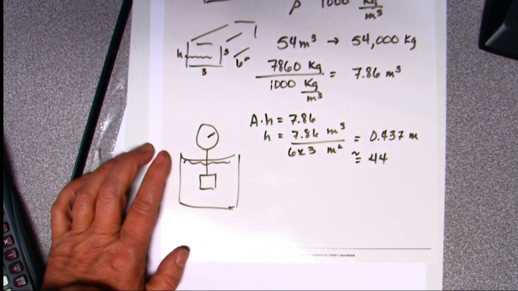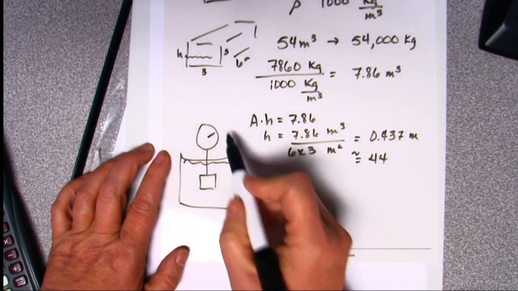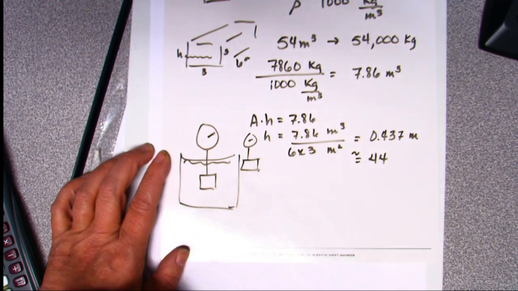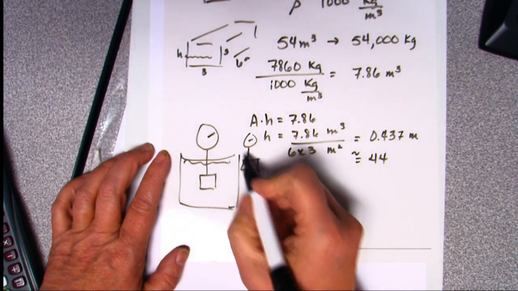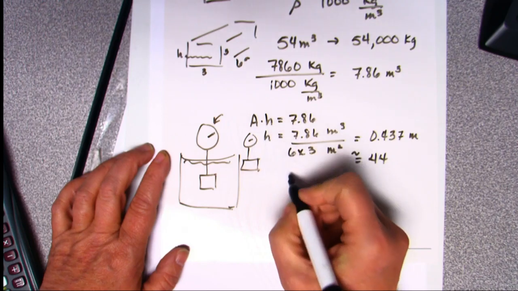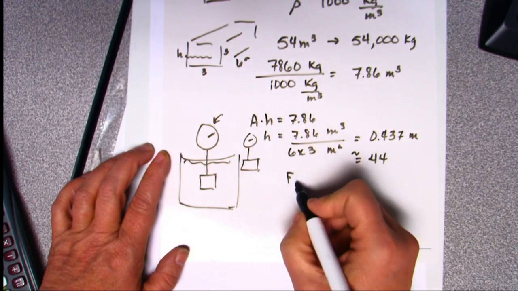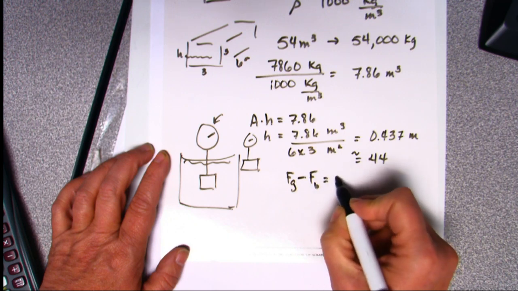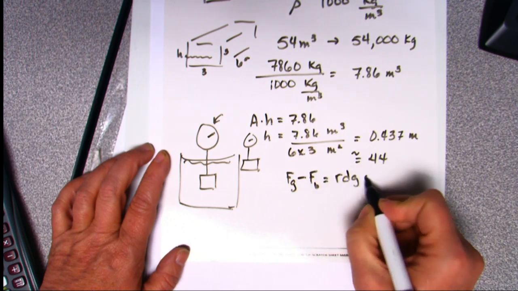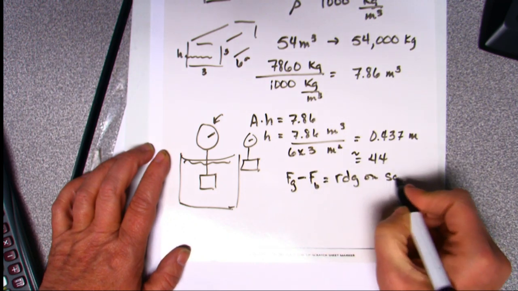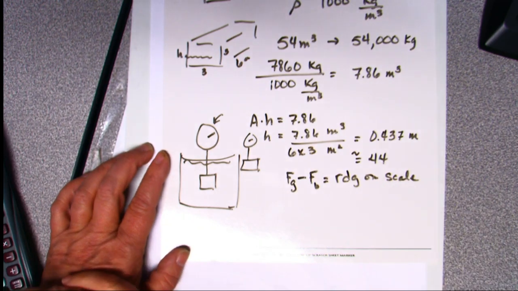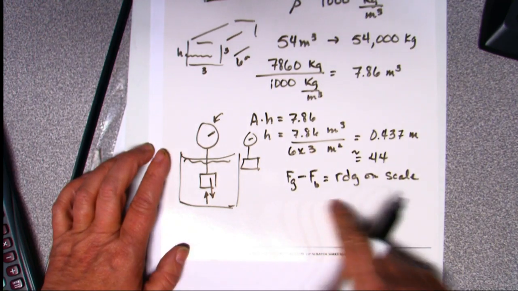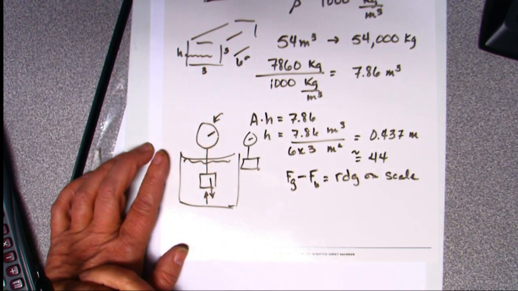At least in water, because that scale is going to look different outside of the water. The force you read on the scale is the force due to gravity minus the buoyant force. Because I've got a buoyant force pushing up and gravity pushing down, the difference is the reading on the scale.